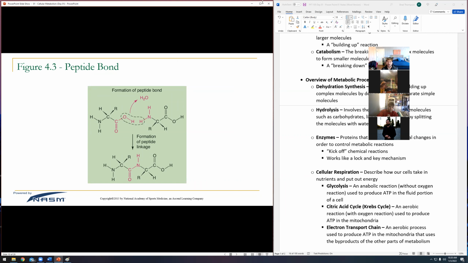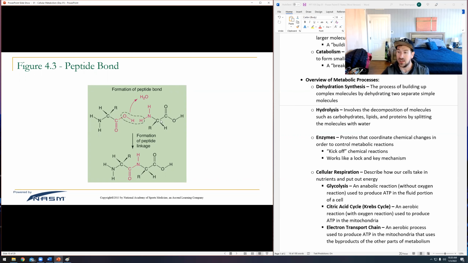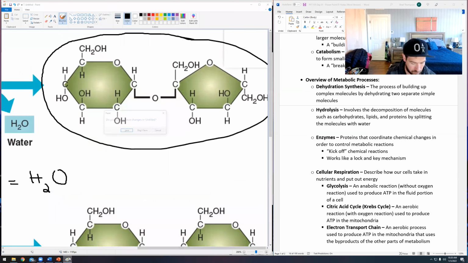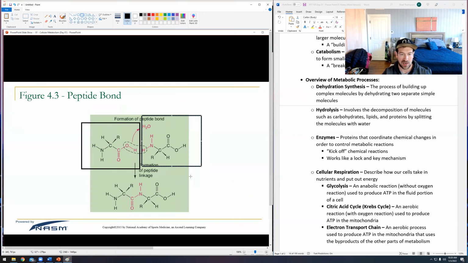So if I want to take two amino acids and link them together, just like I linked my carbohydrates together, what do I do? Well, I suck the water out of it, right? So here is an individual amino acid, right? So this is one amino acid right here, and this is another amino acid right here.